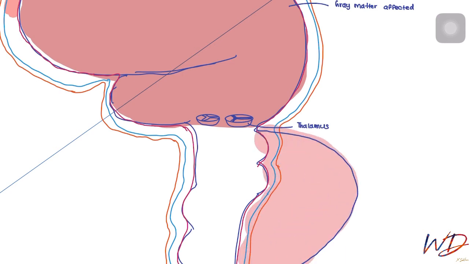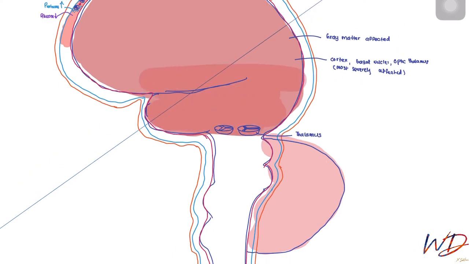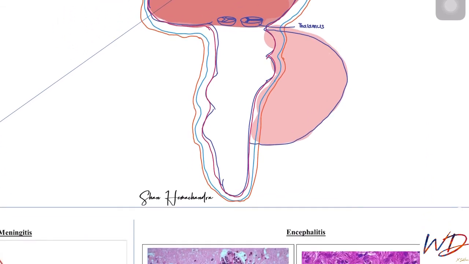So this is cortex, basal nuclei, optic thalamus. These are most severely affected. Less severely affected are the medulla and the cerebellum.